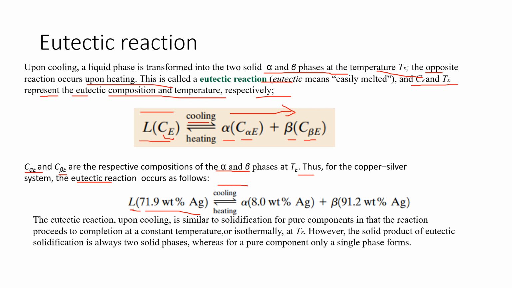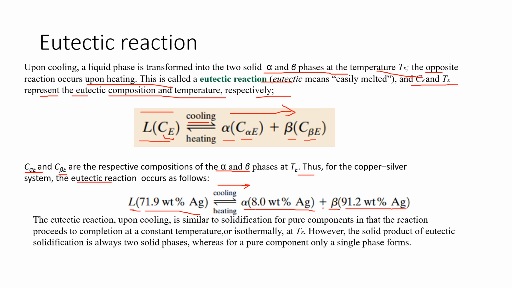Thus, for the copper silver system, the eutectic reaction occurs as follows. The liquid at a composition of 71.9% weight of silver upon cooling transforms into alpha at 8% weight of silver plus beta at 91.2% weight of silver, which is represented in the eutectic phase diagram.